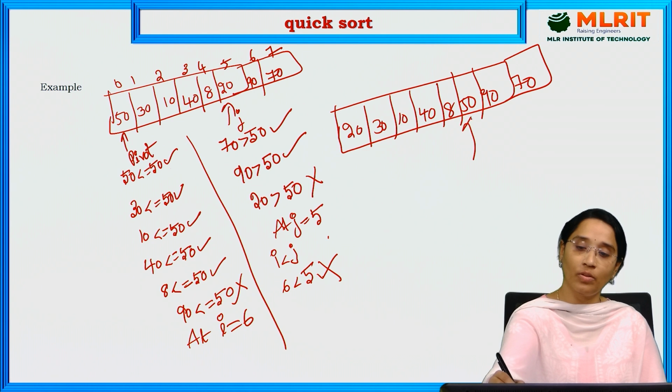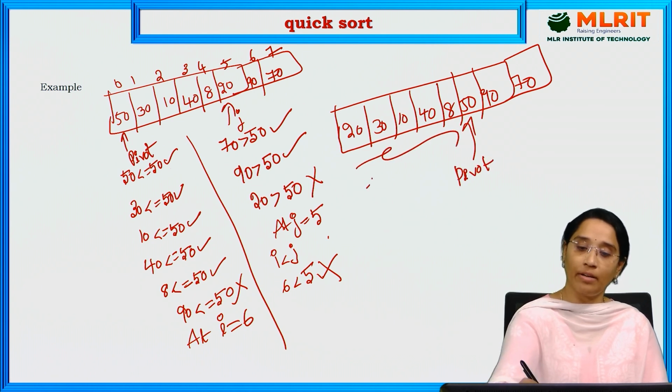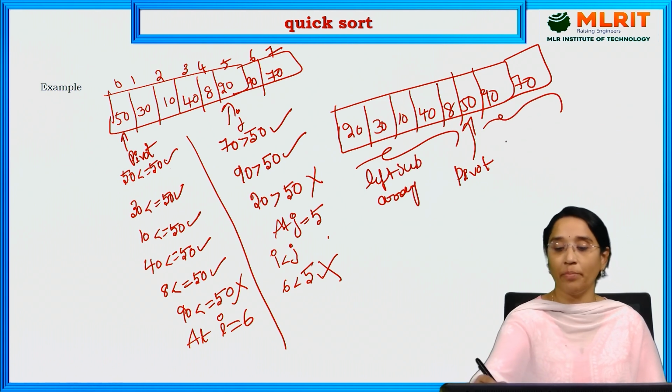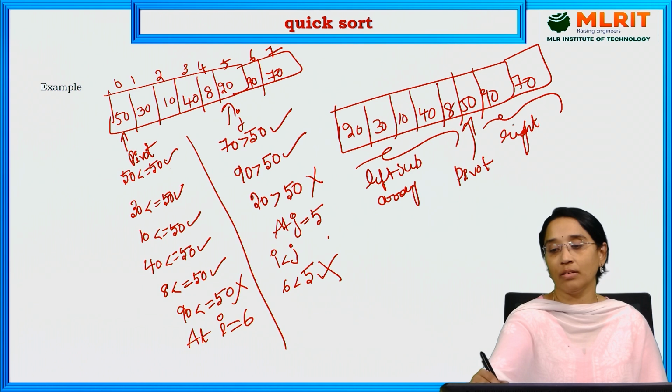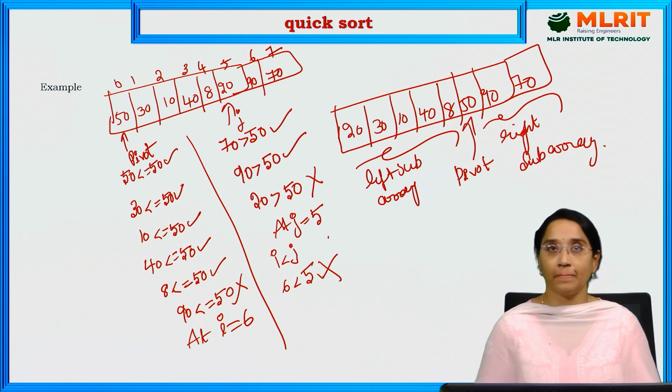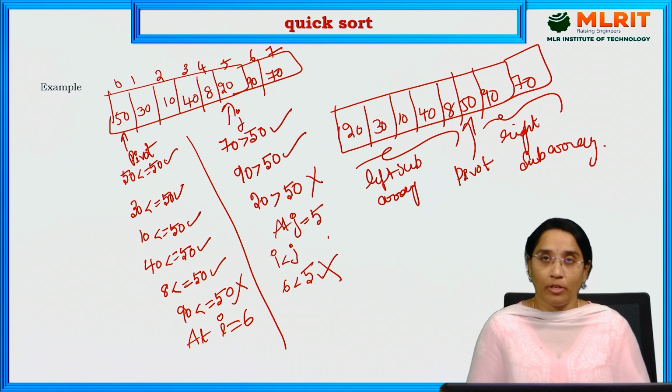So this is your pivot value. The elements left of the pivot form the left subarray, and the elements right of the pivot form the right subarray. Now we have placed the pivot correctly.